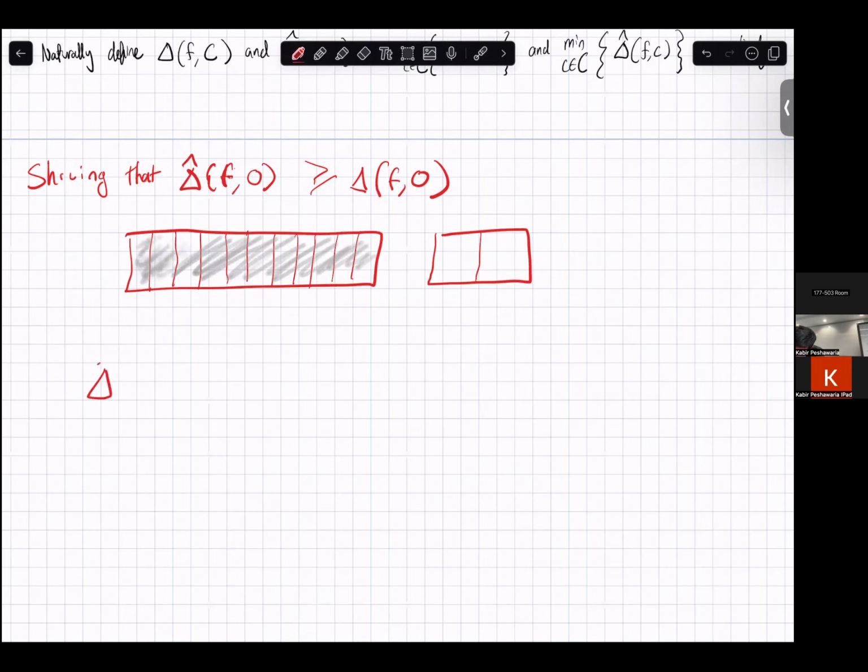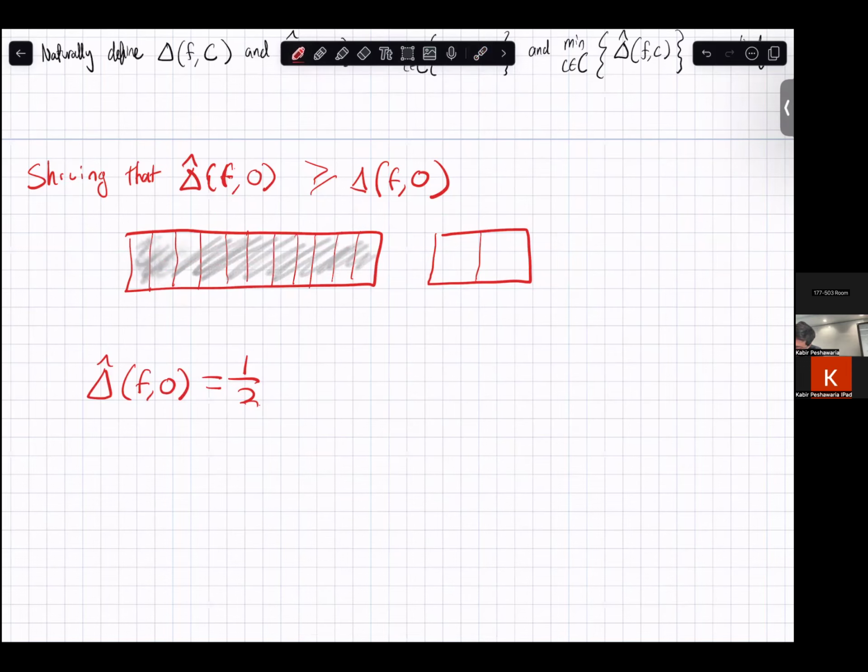Delta of f0 here would be equal to 1/2. One of my two blocks was corrupted. A block is defined to be corrupted if any of the things inside of it are shaded. So this guy is a corrupted block and this guy is a fine block. There are 2 blocks in total, and 1 out of 2 are corrupted in this example.